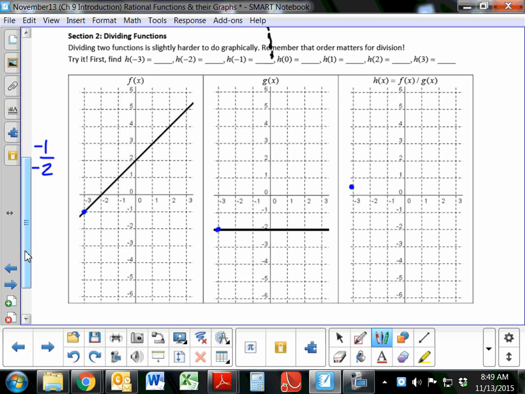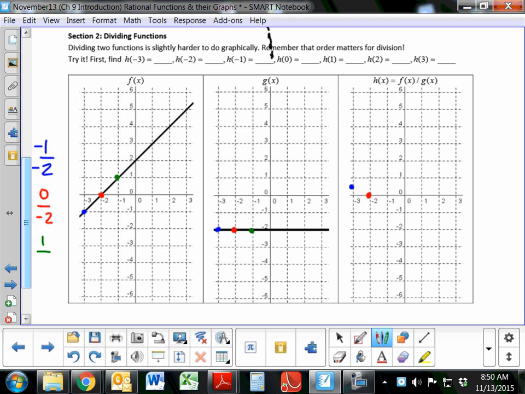Then, how high is this one? Okay, it's 0 divided by -2. What is 0 divided by -2? 0, so I put it at 0. Then I go, how high is this one? 1. So I have 1 divided by -2.